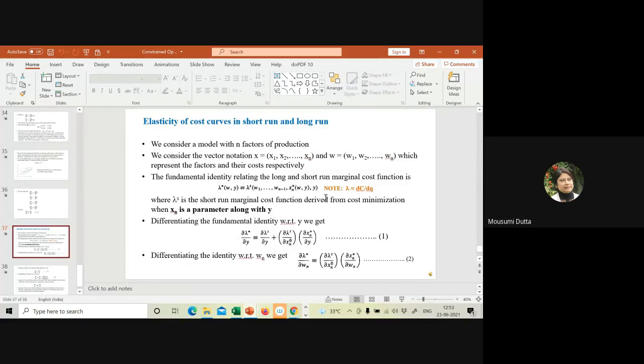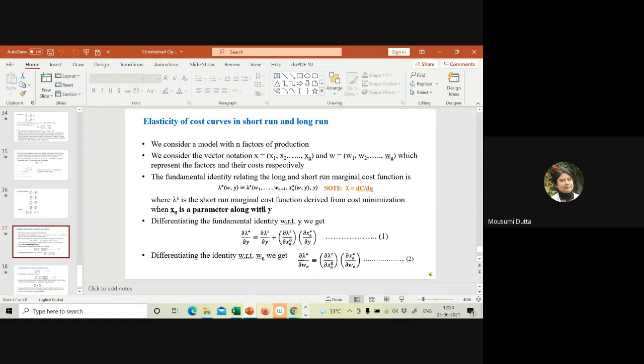So the difference between the short run and the long run will be, in case of long run, all the factors of production are variable. So lambda star, or the marginal cost, will be a function of W1, W2 up to Wn and y. Whereas in the short run, it will be a function of W1, W2 up to Wn minus 1, comma, Xn star, the input we kept fixed in the short run, and y.